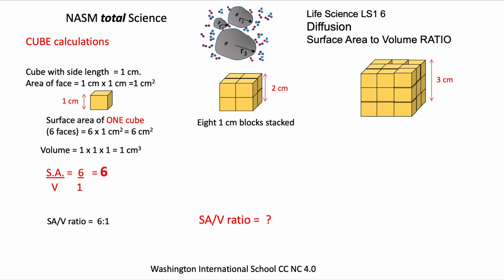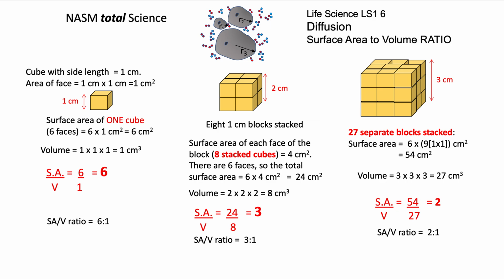And a little bit more about cube calculations. We've done the surface area of 1 cube, and surface area to volume is 6:1. And with 8 1 centimetre cubes, so the length of each side is 2 centimetres, work out the surface area to volume ratio for that middle set of blocks, and pause while you do that.